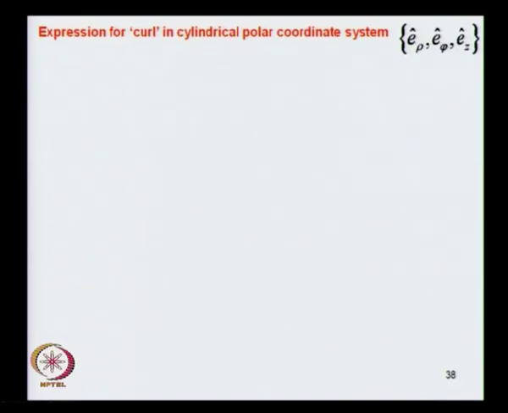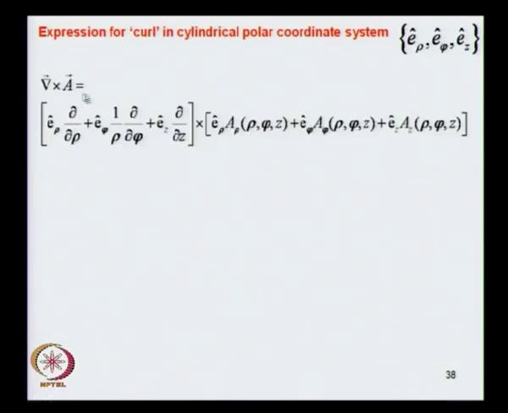Now, we already got the expression for the curl in the Cartesian coordinate system. Let us get it in some of the other coordinate systems, it is not at all difficult. So, let us do it for the cylindrical polar coordinate system, and I will not spend too much time doing this. I will show the result to you in a hurry, because all you do is write the expression for the gradient in the cylindrical polar coordinates, and this we have done in great detail.